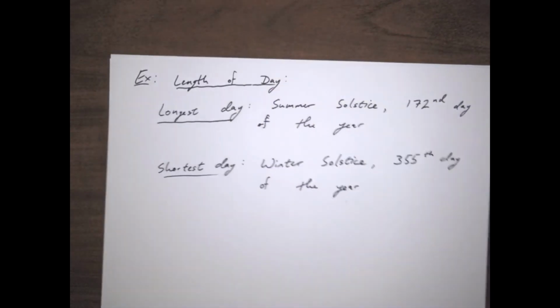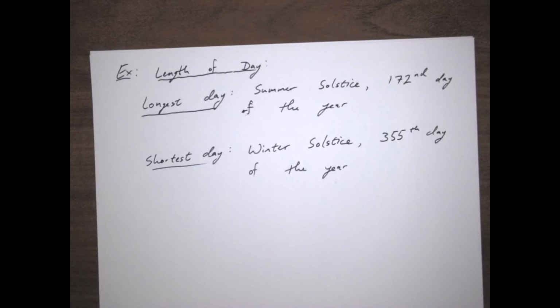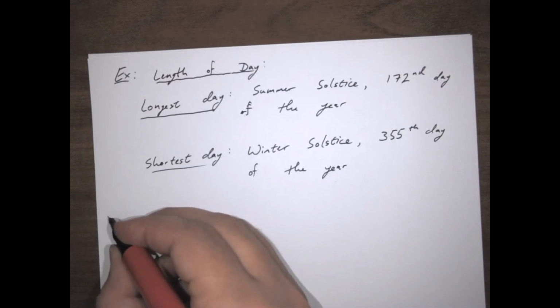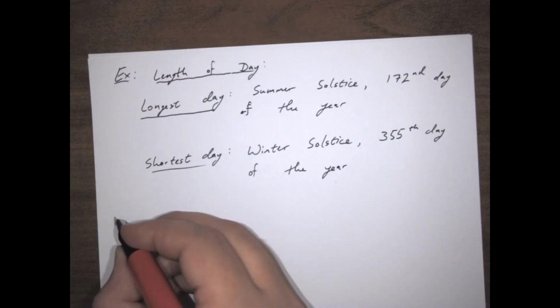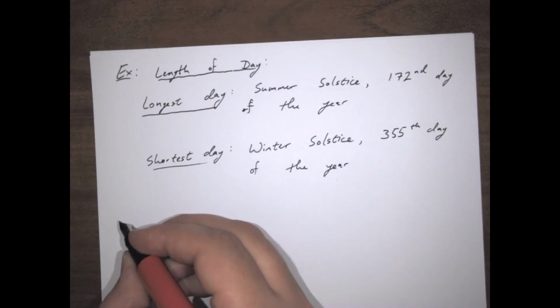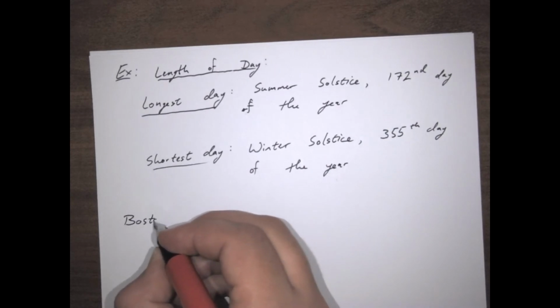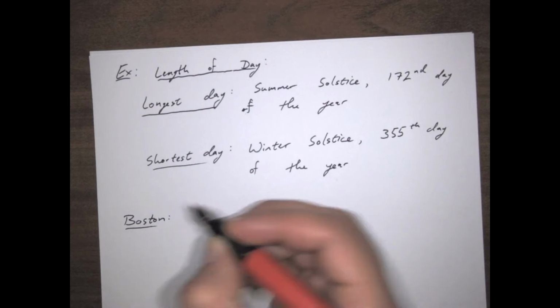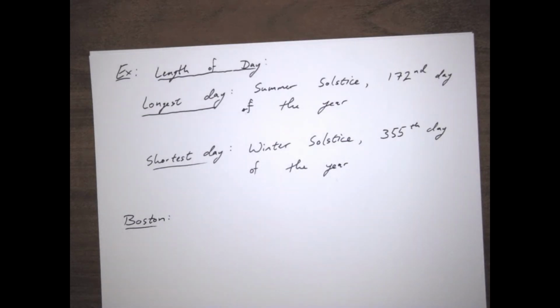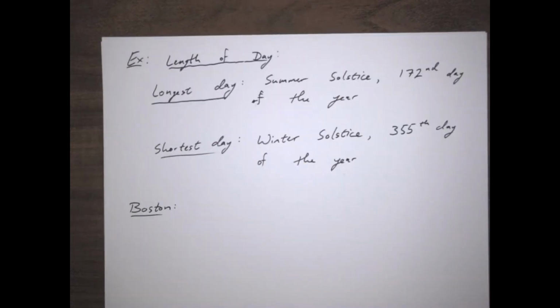Okay, so these are just two facts that will come in handy for all kinds of different things. All right, now, for our example, let's just take the city of Boston. So we're just going to look at some hours of sunlight in Boston.